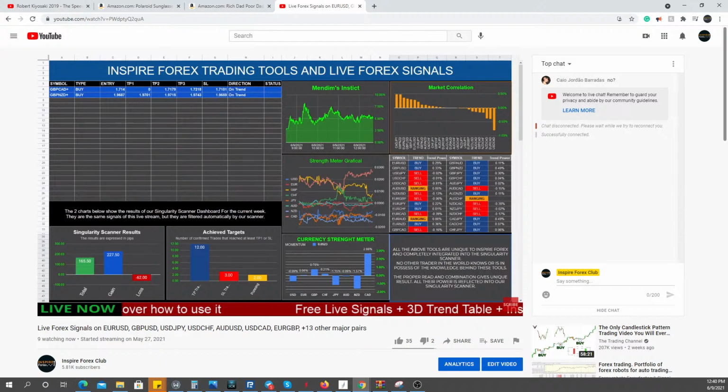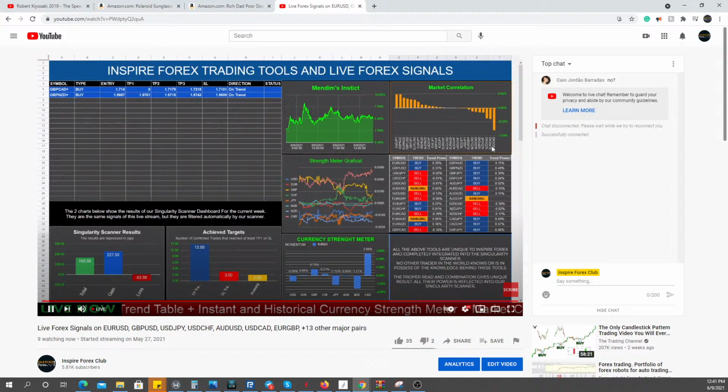They are correlated negatively. So if CAD/JPY goes very high in buy, then USD/CAD will go very low in sell. And you can even use the Euro/CAD at this point. So from one single signal that you may get from the table here, you can multiply the number of signals just by watching the market correlation.